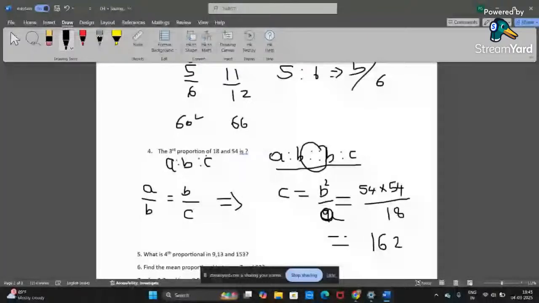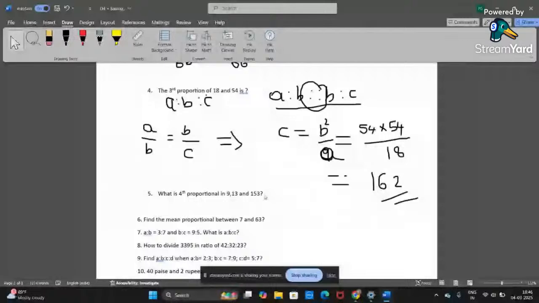So find the answer for the next one. In the same way, here we have A, B, C values. We need to find D. D is nothing but your fourth proportion. So let's write it down.